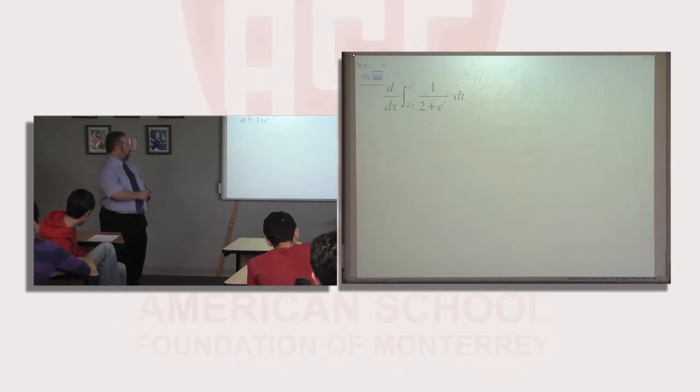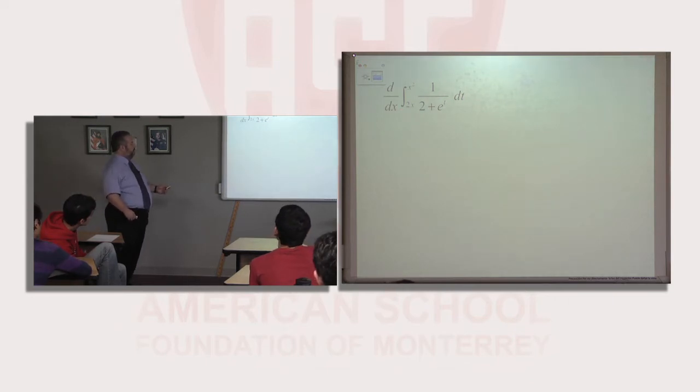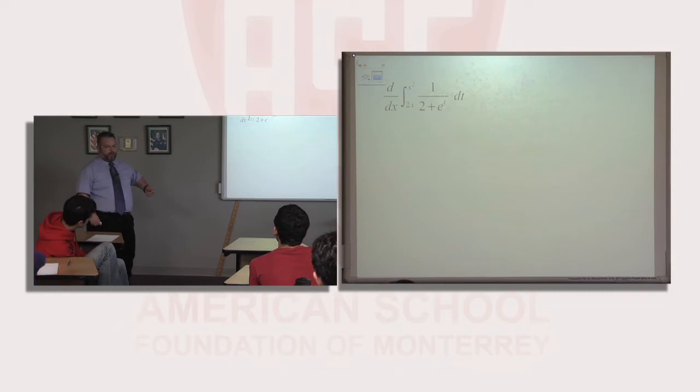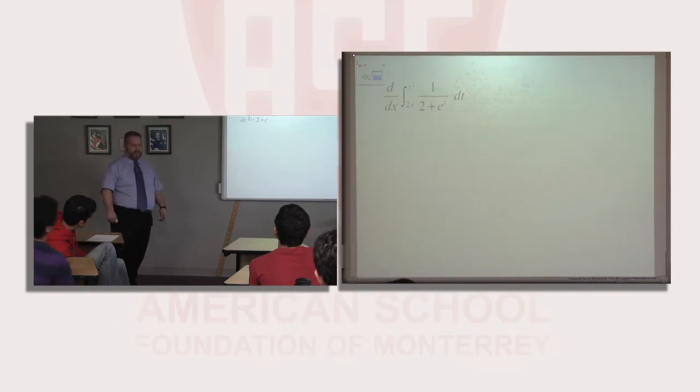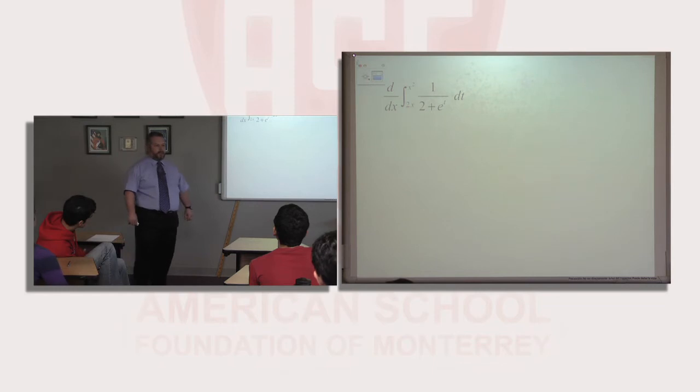Number 1, I need derivative of an integral. I got that. Number 2 says that the variable of differentiation has to match the upper limit. I'm okay with that. But rule 3 says that my bottom limit has to be a constant, and it's not. And I also don't have a constant in the top limit, so I can't reverse them. Any ideas how we might deal with this?